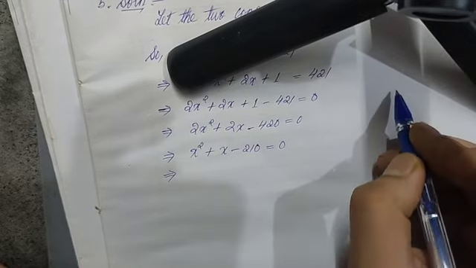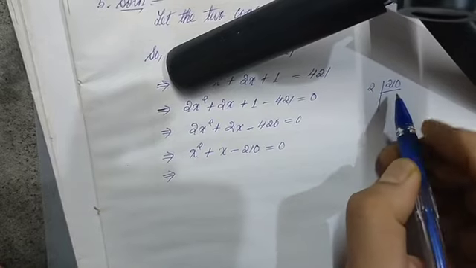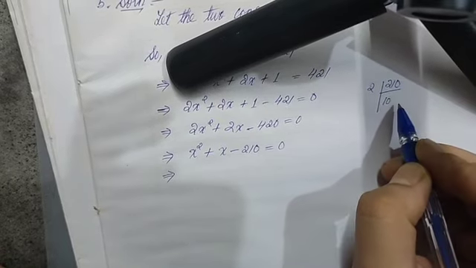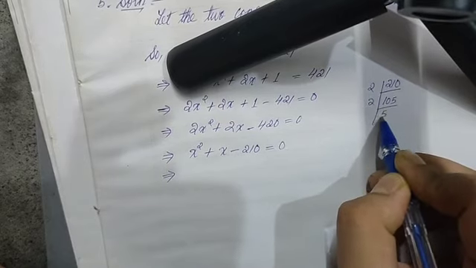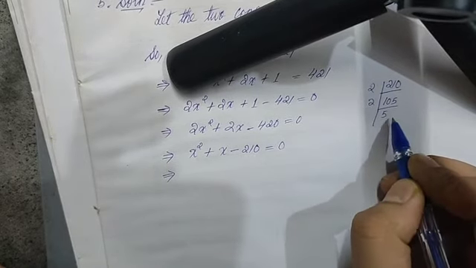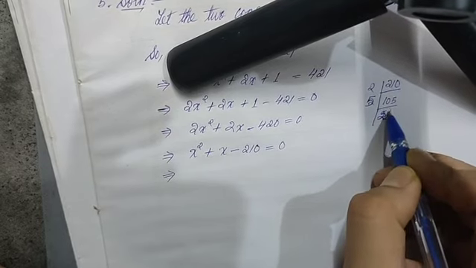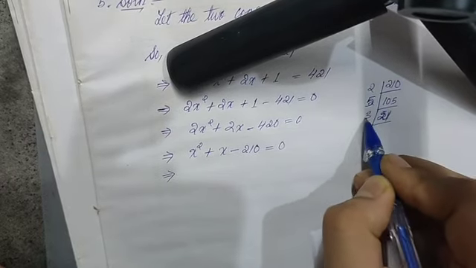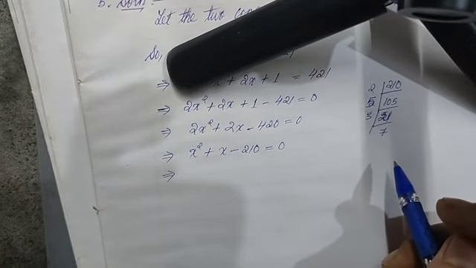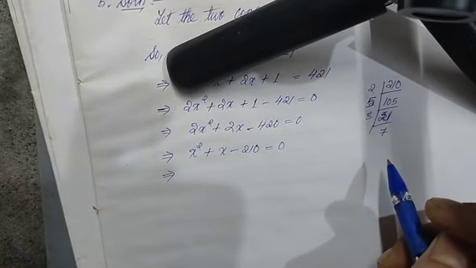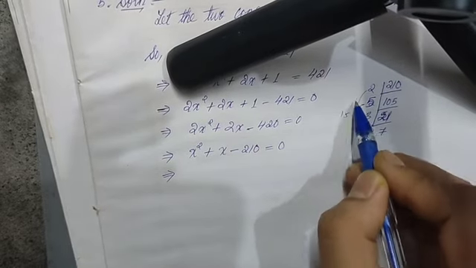We use the prime factorization method on 210: 2 1s are 2, 2 5s are 10, 2 5s are 10, 5 3s are 15, 2 7s are 14.